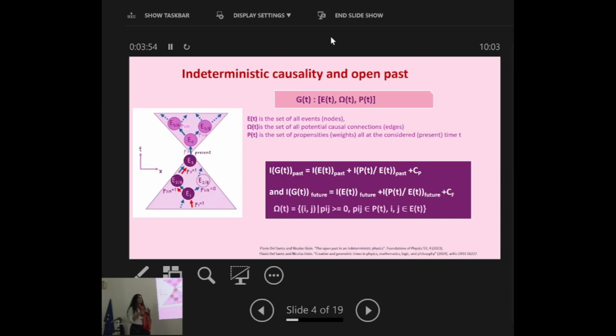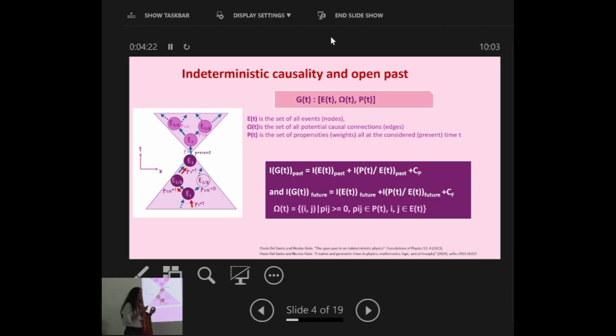Now, there are some fundamental limits on getting information about some events. Such limits are represented by the theory of acyclic causal graphs, G_T, which depends on the events, then a set of potential causal edges, of which a subset are the events, and propensities, which are the weights of a particular event occurring.